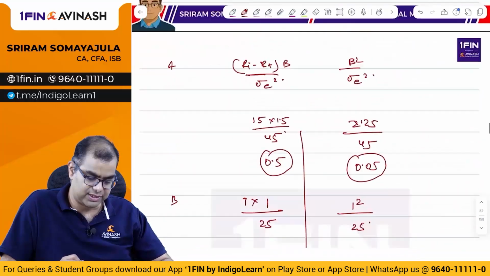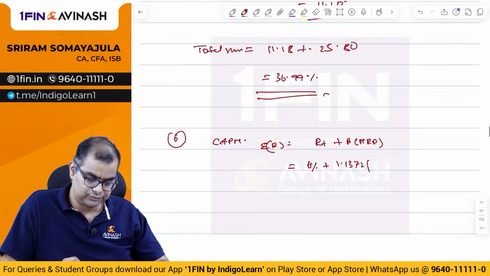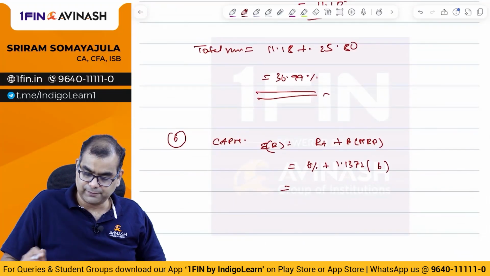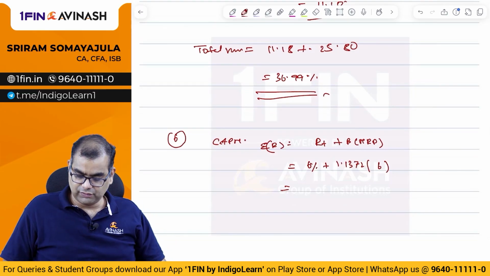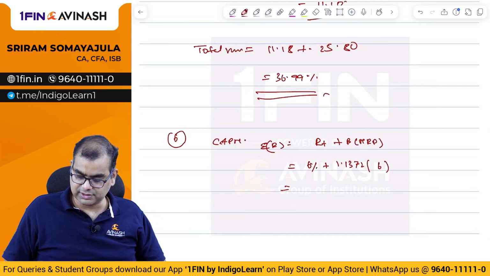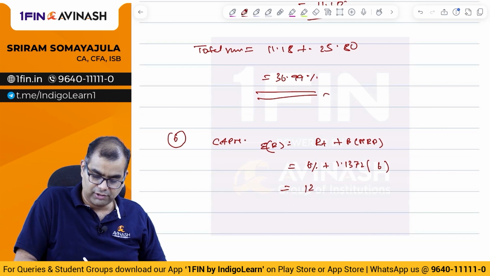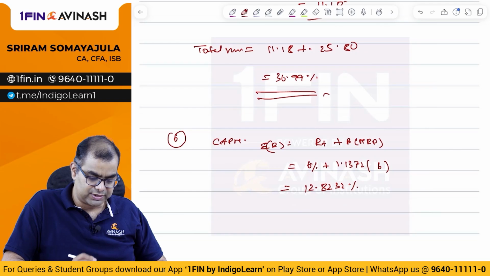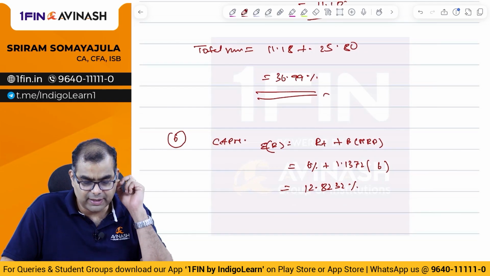So 12 minus 6 into beta: 1.1372 into 6 plus 6 is equal to 12.8232 percentage. Now they have asked to find out the expected return using CAPM.